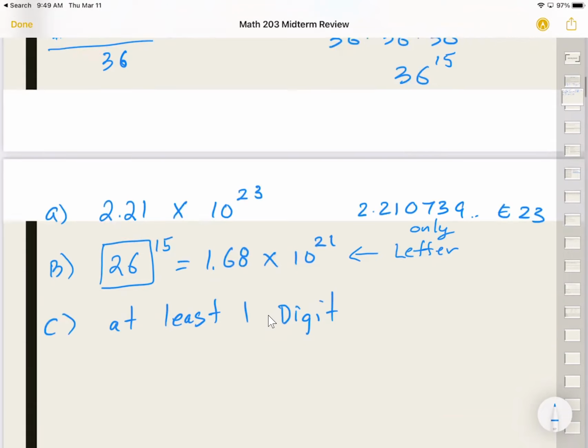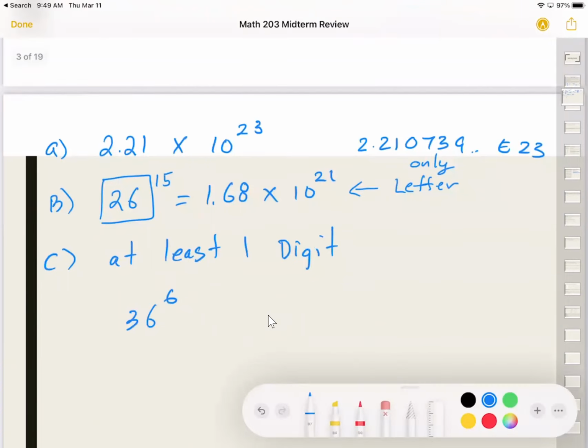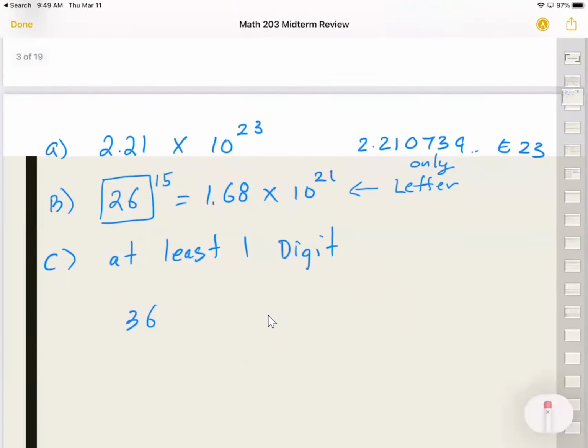In short, in C, all you do is you take 36 raised to the 15th power, minus 26 raised to the 15th power.